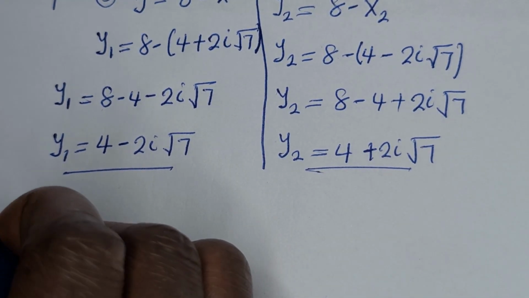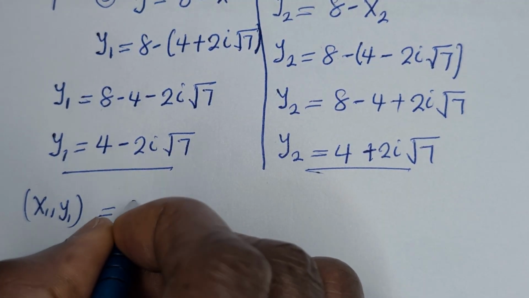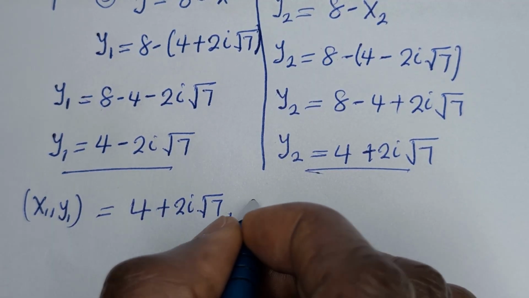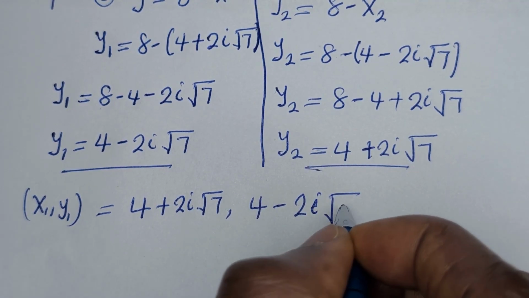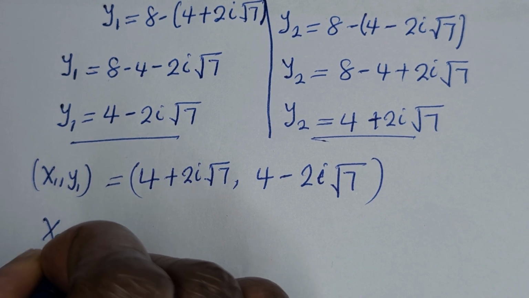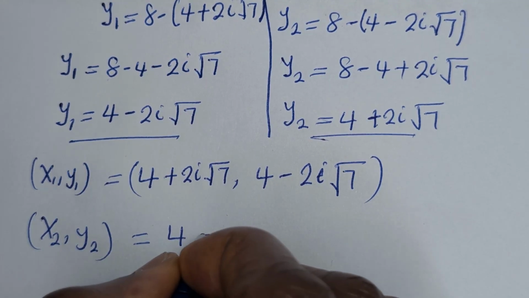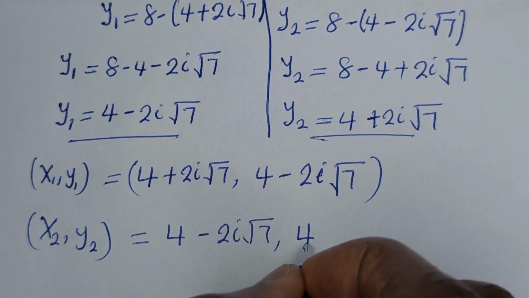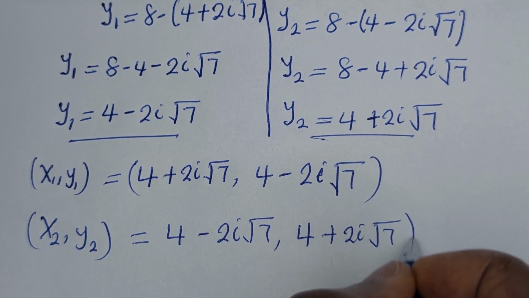Therefore, our final answers are s1, y1 is equal to 4 plus 2i square root of 7, 4 minus 2i root 7. s2, y2, this is equal to 4 minus 2i root 7, 4 plus 2i root 7.